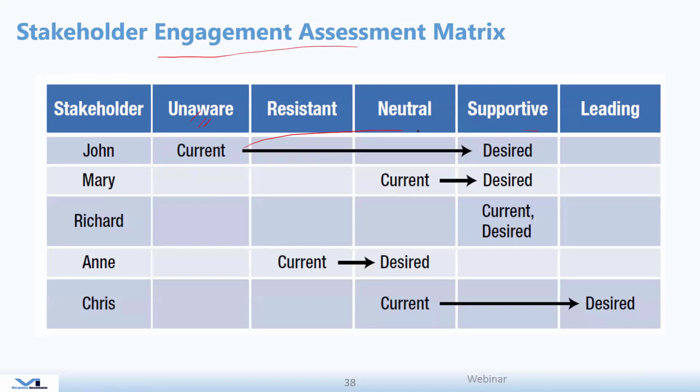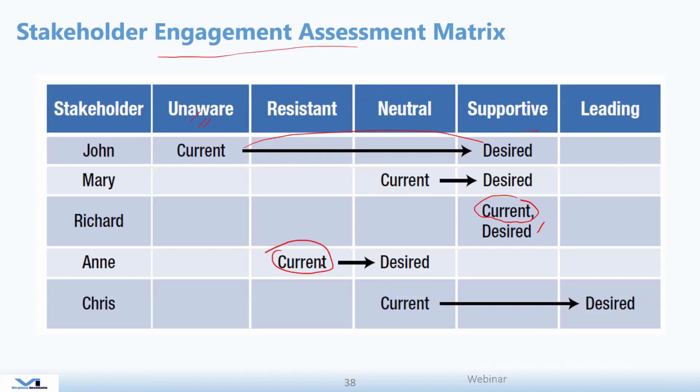How can I bridge the gap? By using my right brain functions, such as communicating with John, leading him, influencing him, listening to his concerns and such. If the stakeholder is currently at a state where I want them and desire them to be at, then I don't have to put much effort. If they are, for example, resisting my project, like Annie, she is currently resistant.